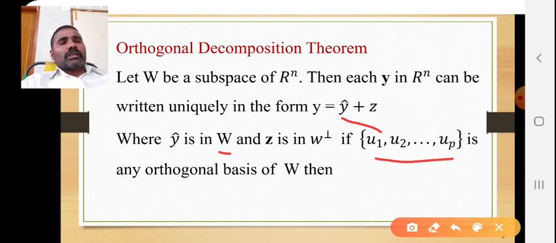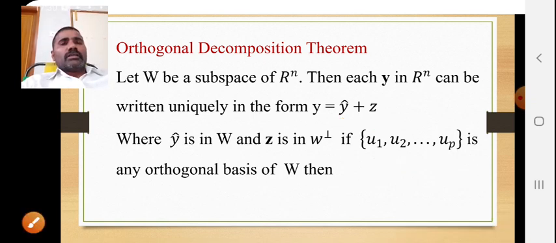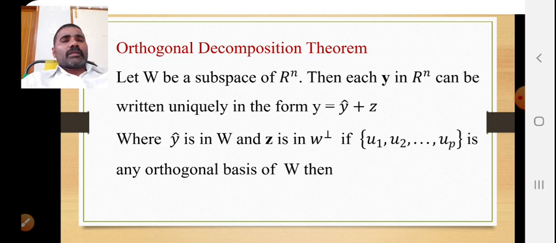Now the theorem states that let W be a subspace of Rn, then each y in Rn can be written uniquely. This is the term uniqueness. Uniquely in the form y equals y cap plus z, where y cap is an element in W and z is an element in W complement, because every vector in W is perpendicular to z.